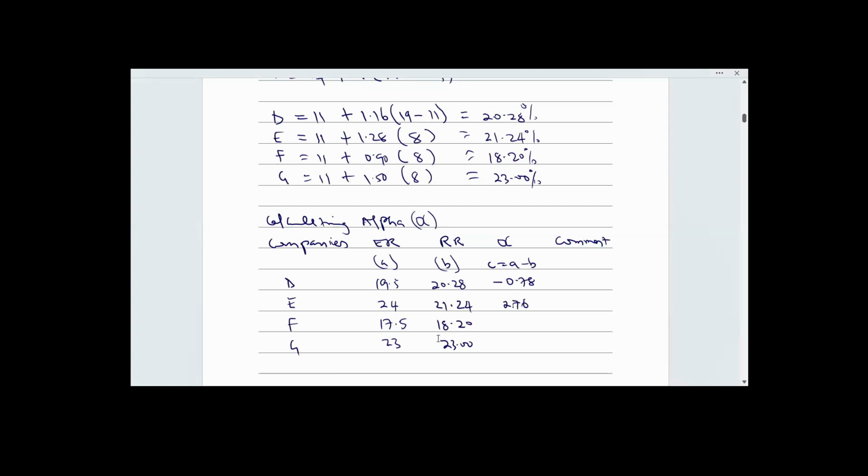Then 17.5 minus 18.2 equals minus 0.7. Finally, 23 minus 23 will give us 0.